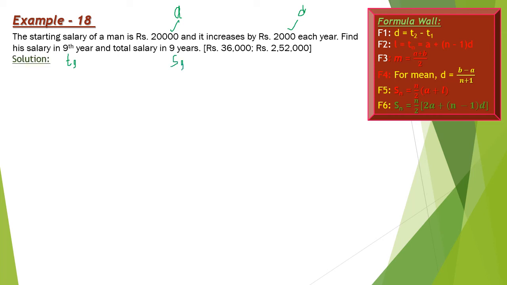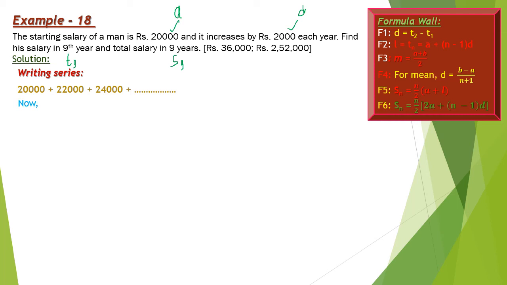Now let's write the series. Wherever it is possible, we have to write the series. Writing the series, that is 20,000, plus it increases by 2,000 every year, meaning next year, or 12 months, he will get 22,000 salary, and for another year 24,000 throughout the year.